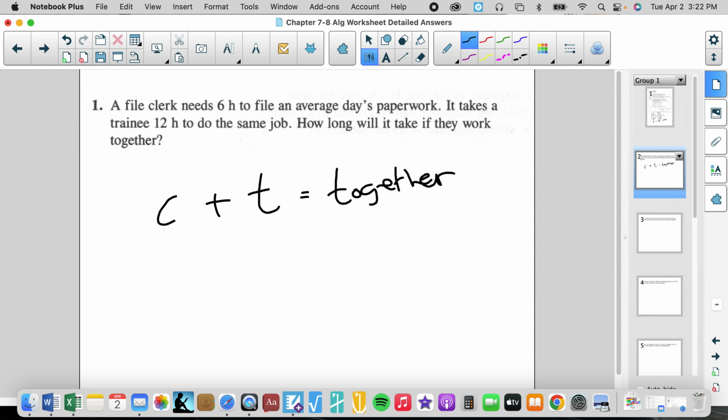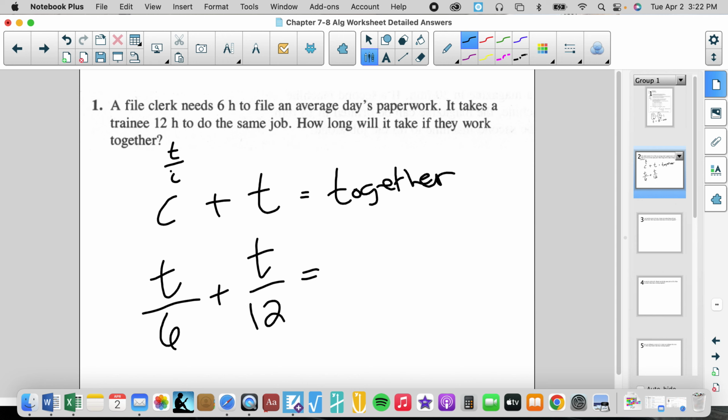We don't know what they're going to be together. Remember, it's the total over individual. So total, we don't know how much it is, but this is the clerk. And the trainee does it in 12.